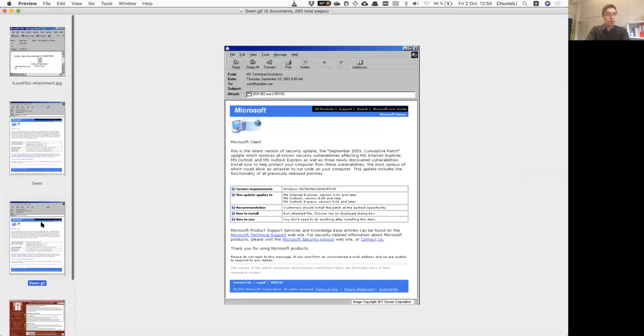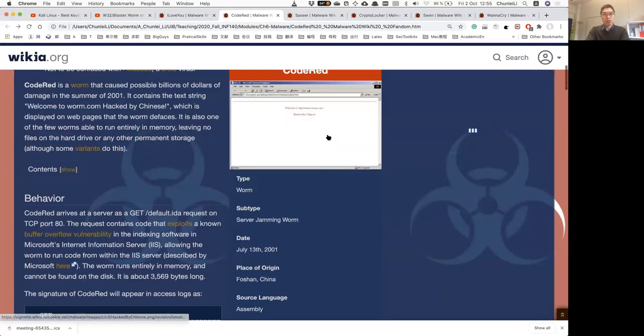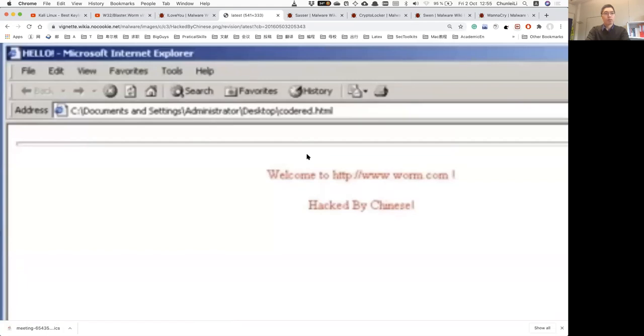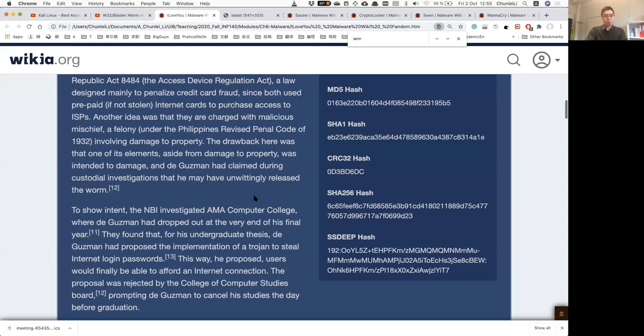We can see here the Code Red HTML. So it changed the web page and displays: Welcome to HTTP www.worm.com, hacked by Chinese. That's part of its payload.